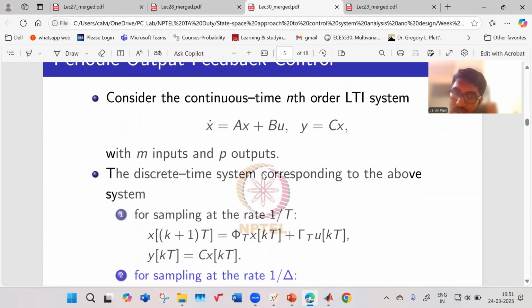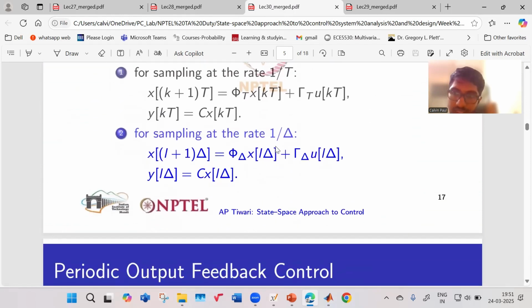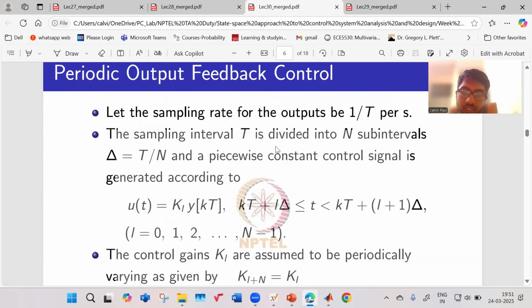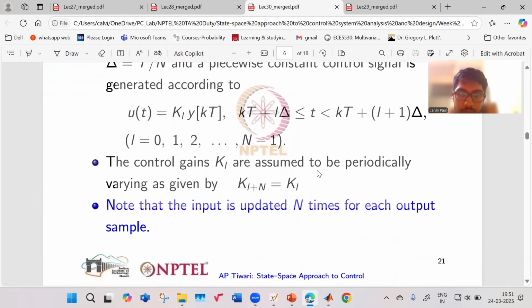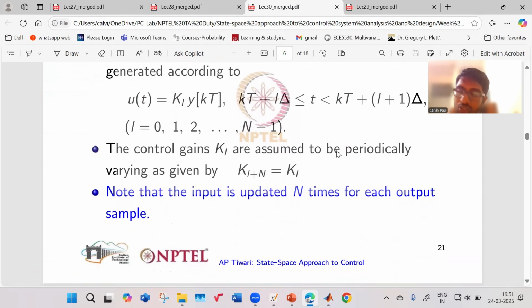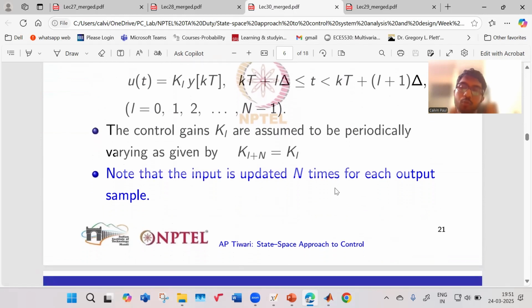This is the discrete-time system which we found, and there's a sampling at a different rate. Certain control gains are assumed to be periodically varying, so the input is updated n times for each output sample. The output sample is fixed once, then our input is being changed.